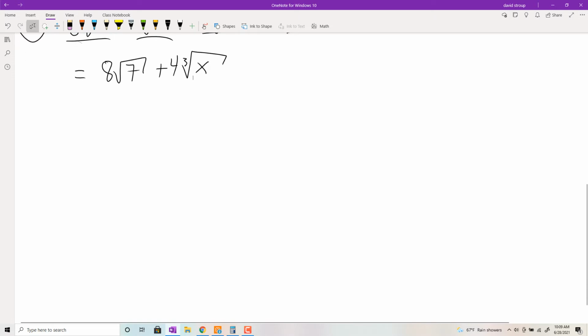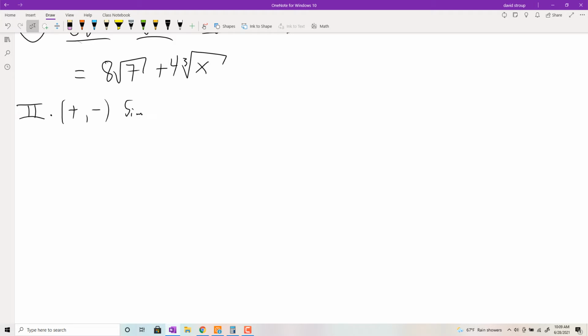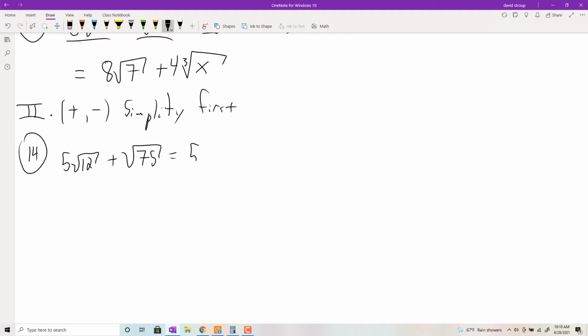Let's look at ones where we have to simplify first. So they may be like expressions, but you just can't see it until you simplify it. Okay. Simplify first. Let's look at 14. And we have 5 root 12 plus root 75. So I could rewrite 5 root 12 as 5 root 4 times 3.